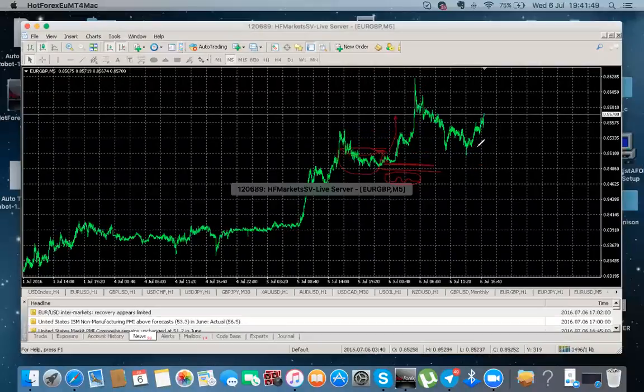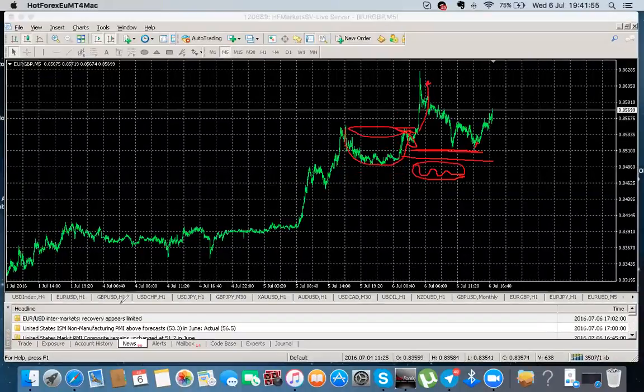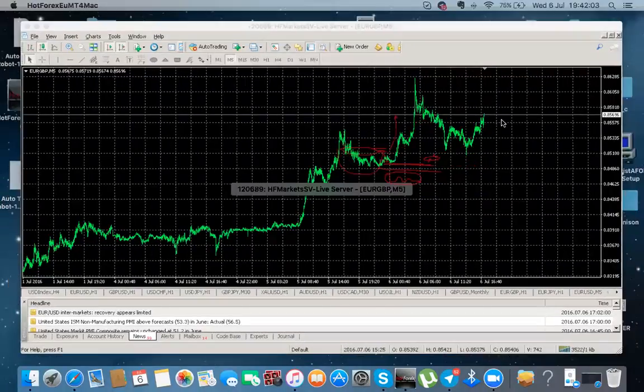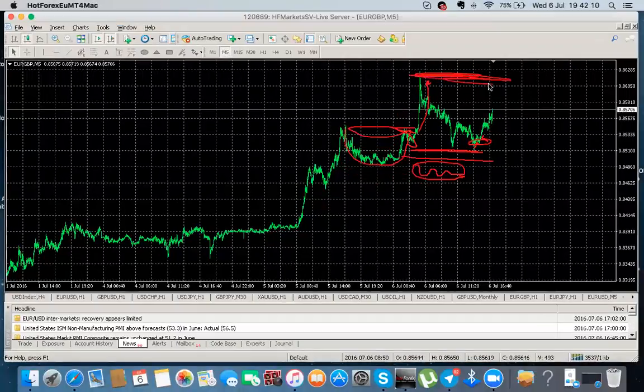It went straight up from this zone, and I looked at the pound versus US dollar. Euro and pound was weaker than that, and I took a trade somewhere here, and I asked people to take the profit somewhere here, because this is the resistance.